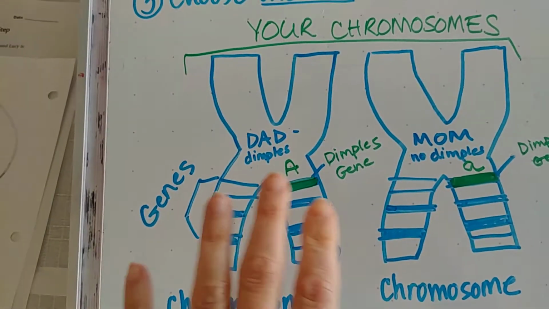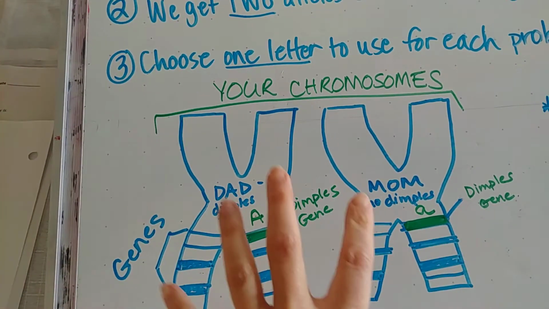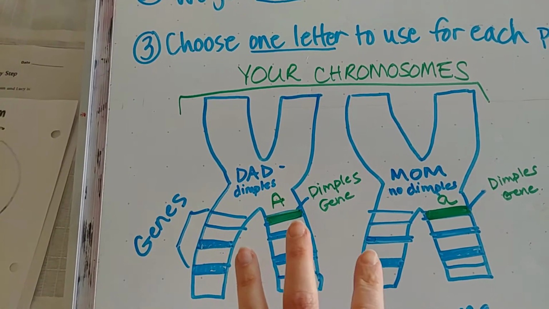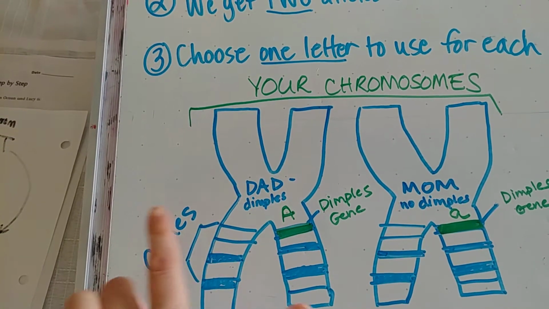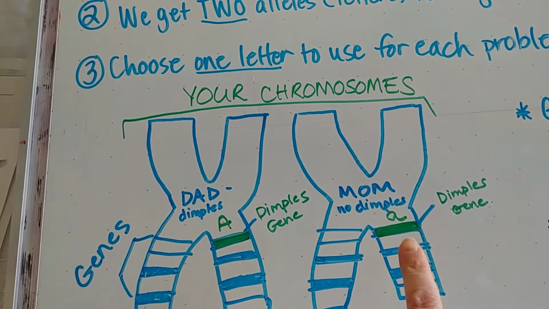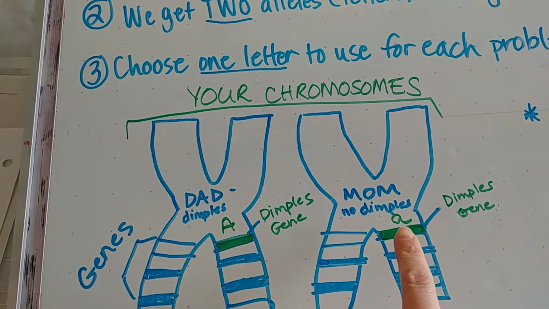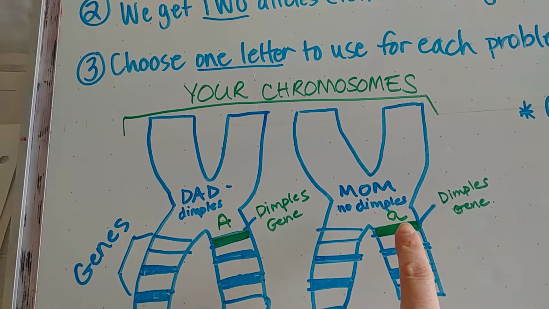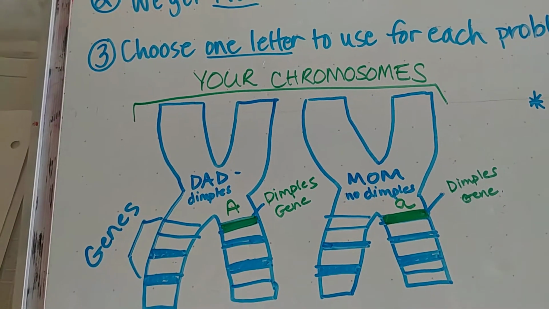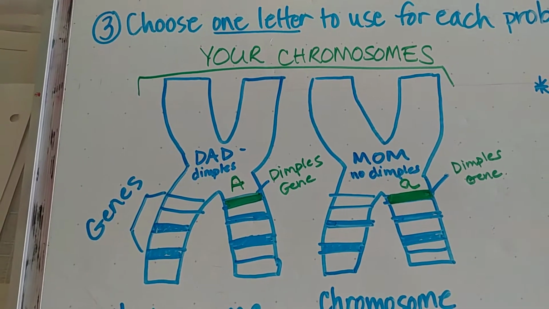Now remember, mom and dad have two chromosomes of their own, like you do, and so we don't know what dad's other allele was. We know mom's other allele on her chromosome would also have been a lowercase letter. It would also be recessive if she did not have dimples.